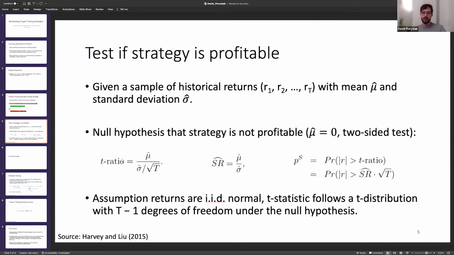So there is actually a relationship between the t-ratio and the Sharpe ratio. Why is this important? Not at the moment, but we're going to make use of this later on when we look at the haircut Sharpe ratio.